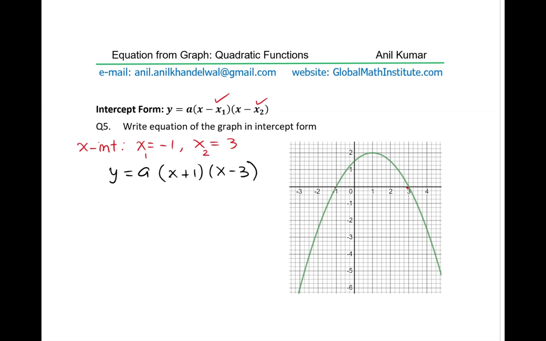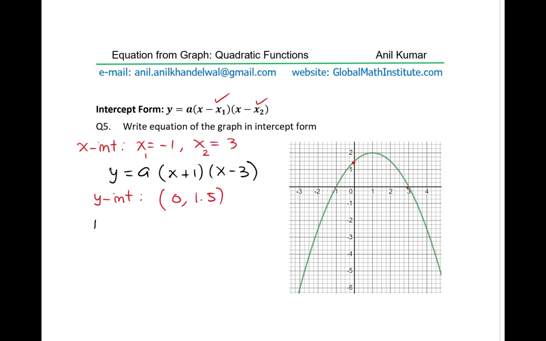So a good point could be the y-intercept. So it seems that the y-intercept is at 1.5. You could take this point as one of your points. So since we have the y-intercept, which is at (0, 1.5), we'll consider this point to get the value of a.